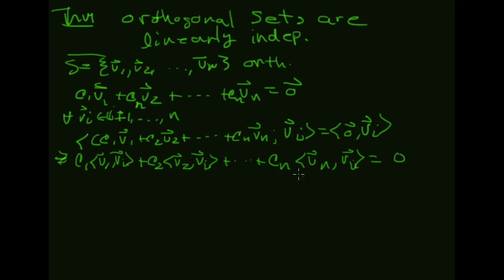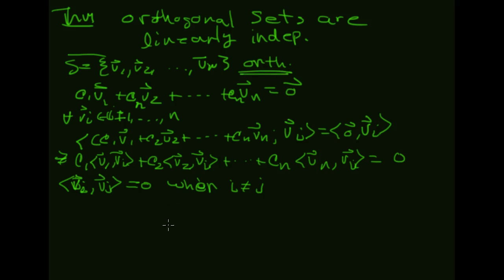Okay, so the first thing that I note is that if vi is taking the inner product with vj, this has to equal 0 when i does not equal j, because this is an orthogonal set.